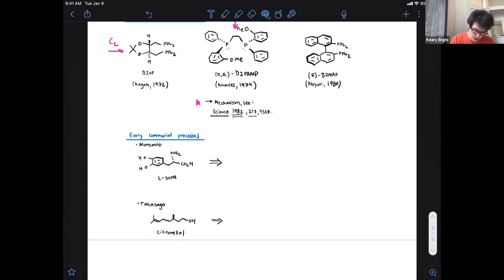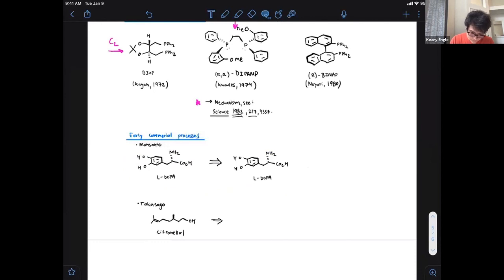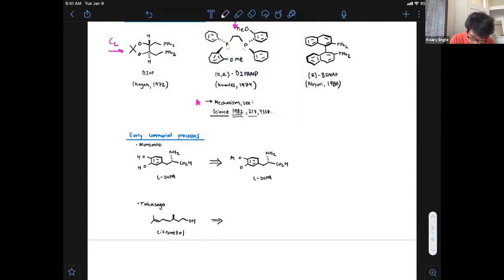And here are just some key synthetic applications. From Monsanto, where they used this DIPAMP system of Knowles.